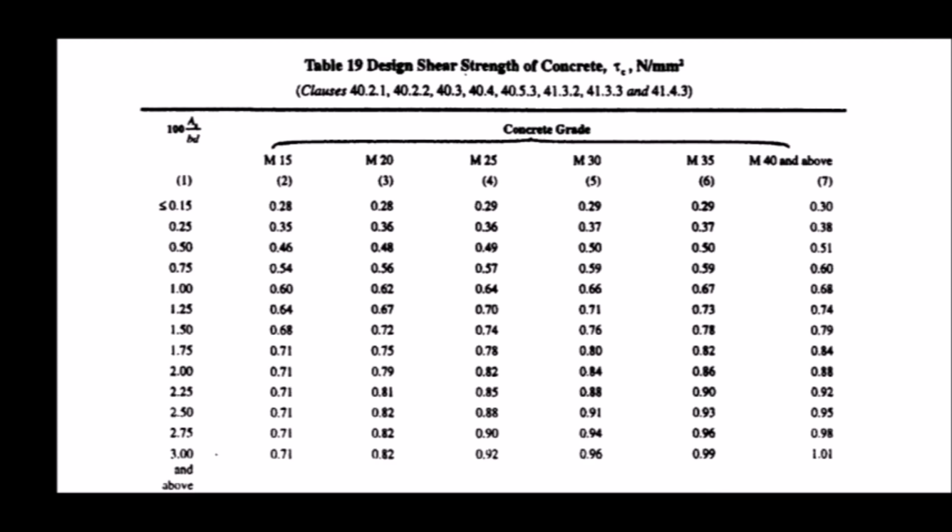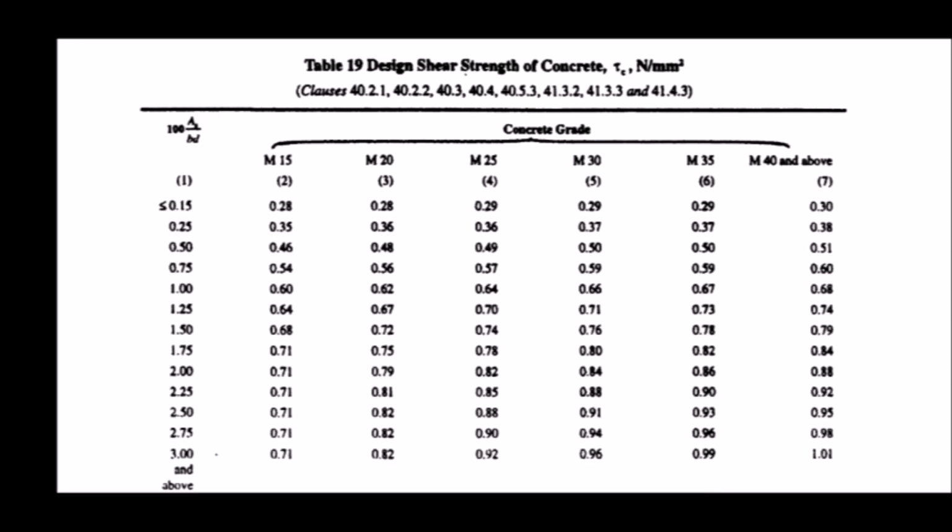Here 0.8 is not given, but 0.75 is given and 1 is given. So for this percentage of steel, we have to check the shear strength of concrete, tau c, with the help of the grade of concrete. For 0.75 and M25 grade concrete, tau c is 0.57, and for 1% and M25 concrete the value of tau c is 0.64.